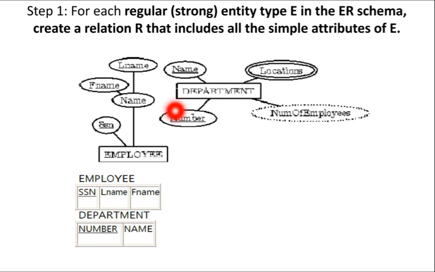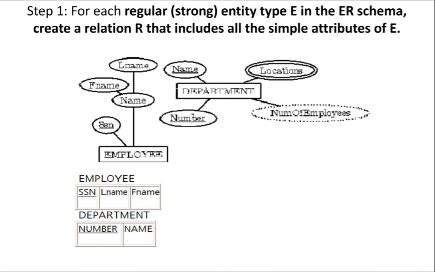See, I included all the attributes for both tables. Here, which is the primary key? SSN is the primary key for employee, number is the primary key for the department. Name is also a primary key. It is a composite primary key. Hope you are understanding how I am converting my ER diagram into table format.